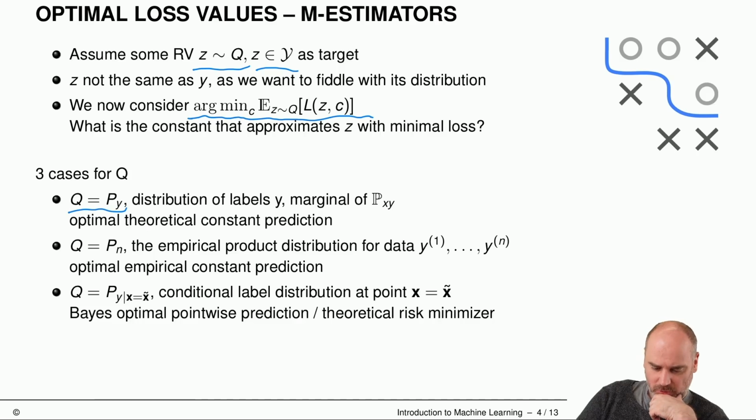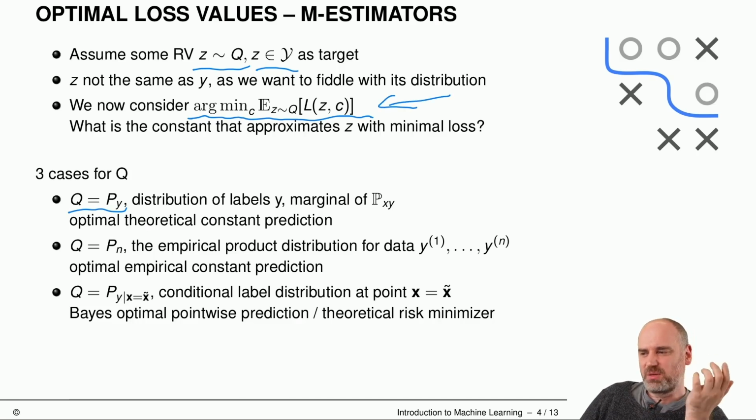When we consider this problem, that pretty much means: what is the best constant in a theoretical sense to be associated with our label distribution, to represent our label distribution without considering any features? I'm going to call that the optimal theoretical constant prediction, the optimal constant model under theoretical risk minimization.